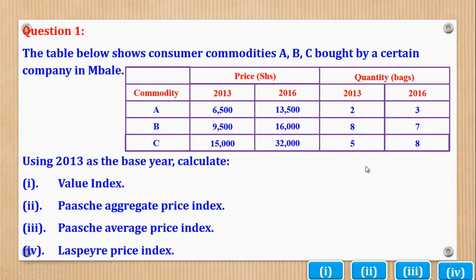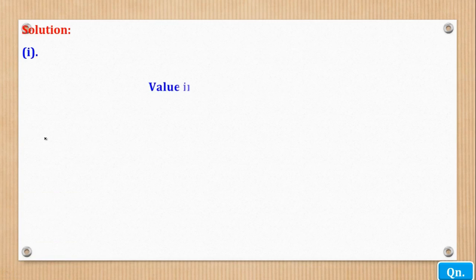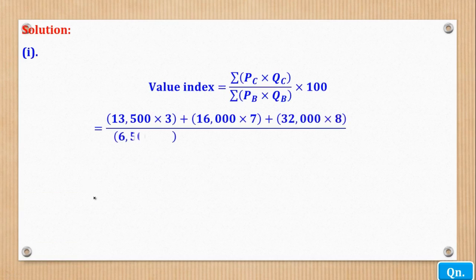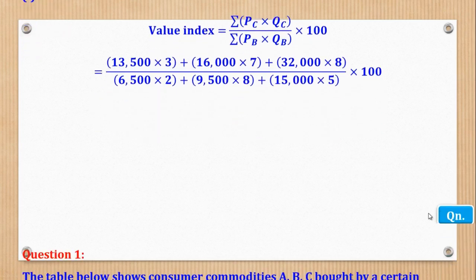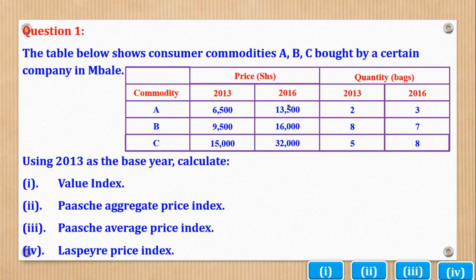So let's start with Roman 1. Remember we said value index deals with both base year and current year prices and also base year and current year quantities. So we shall come here and first of all quote the formula for value index. Then we are going to substitute. When you go back here, this is current year, so this times this times this, and this times this will give you the numerator.